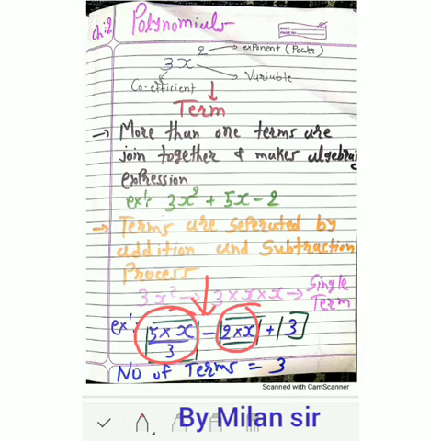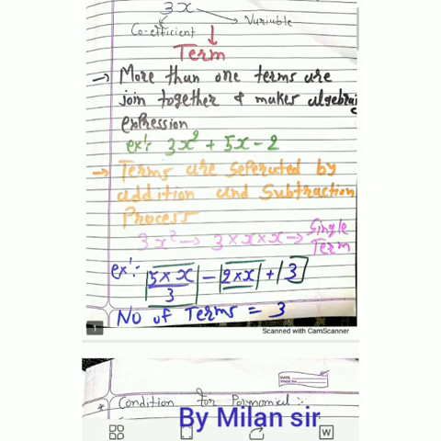That means 5x by 3 is a single term. Then a minus sign is there, which means the second term starts. It is 2 multiply x, and multiplication does not separate the terms, so that is 2x. And at last plus 3. So total 1, 2 and 3 terms are here. So the number of terms is equal to 3. Only addition and subtraction separate the terms. Okay, let's move forward.